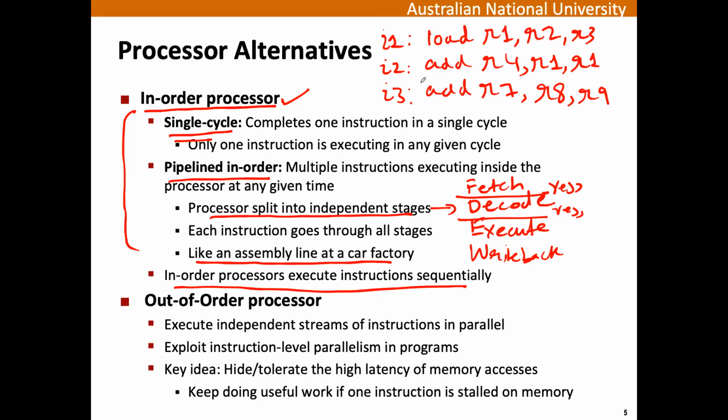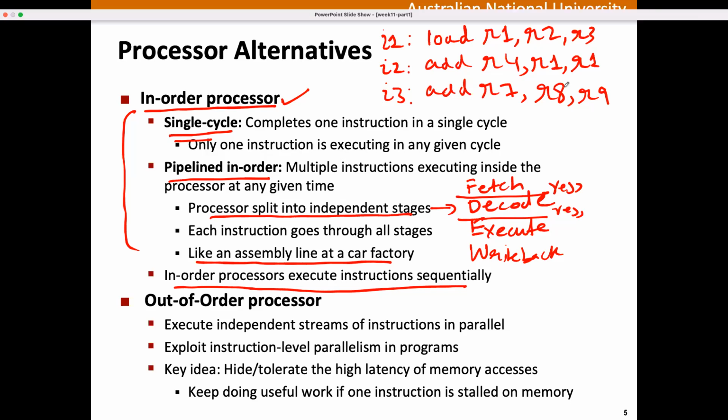But the real question is, do we need to wait for I1 to complete before we execute I2? We do. That's a constraint. Let's call it read after write dependency.